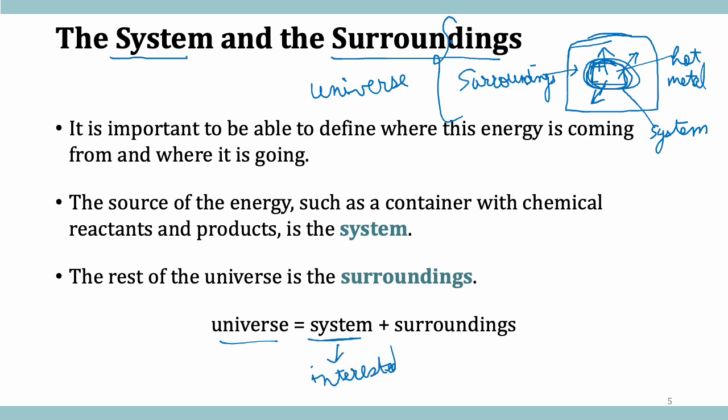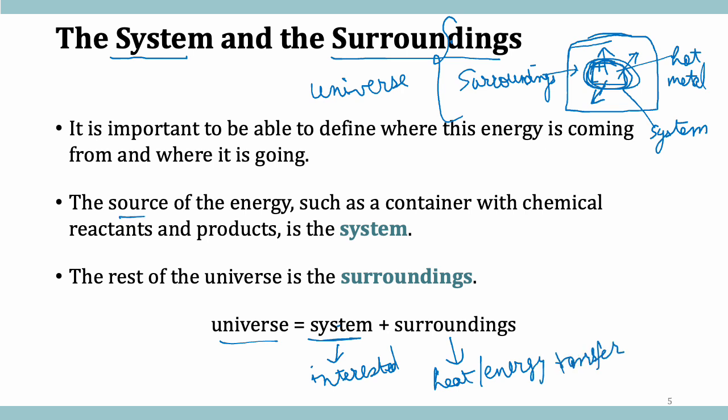For example, I'm interested in learning what the temperature of this object is, or how heat is transferred from a reaction. So that is my system, and everything that can come in contact with the system, that can have heat or energy transfer from the system, is called the surroundings. So anything that is involved in heat or energy transfer.